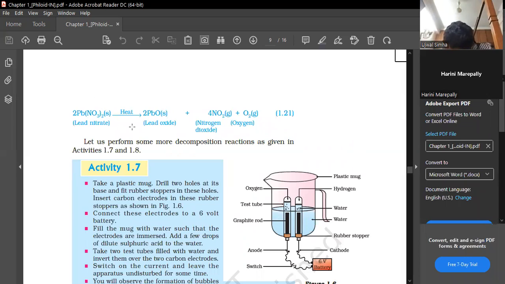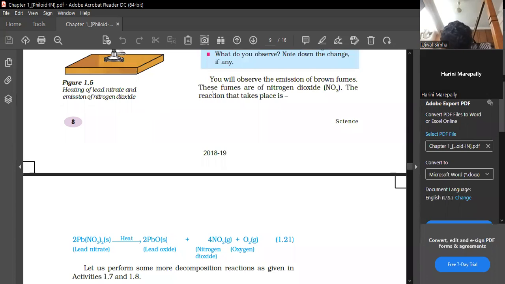Now, can you see this here? The small line. You'll observe the emission of brown fumes. These fumes are nitrogen dioxide. So whatever question I asked is there in the textbook.